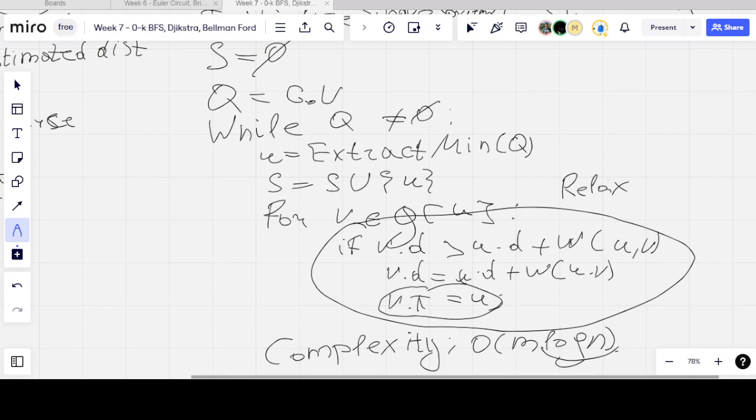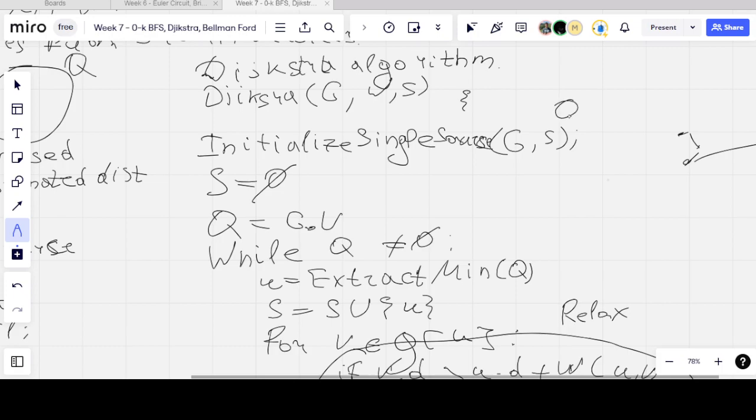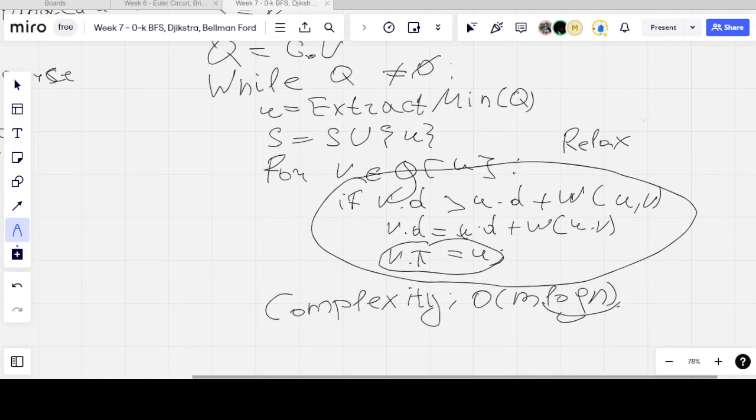That's why the complexity is O(m log n). And m is greater than or equal to n.